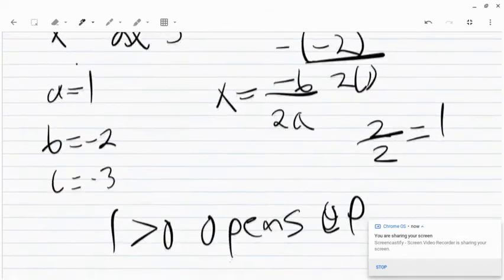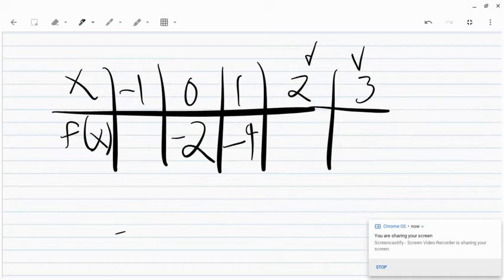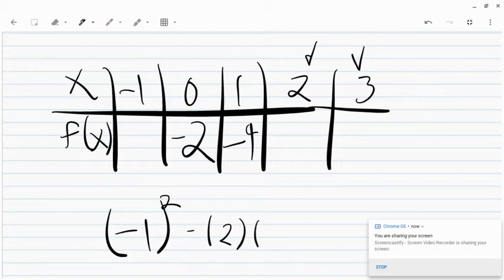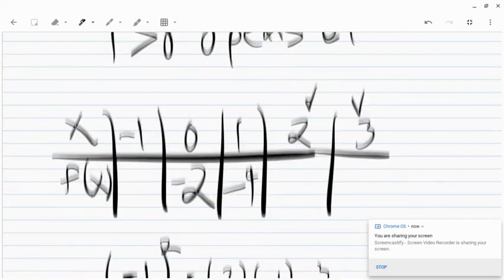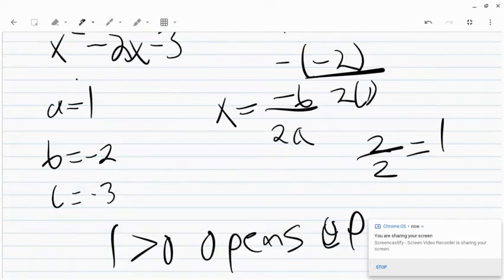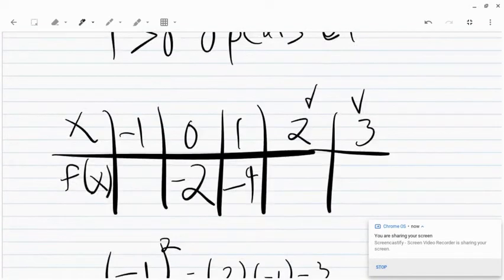x squared minus 2x minus 3, -1 squared minus 2 times -1 minus 3. And double check. Okay, that's right.